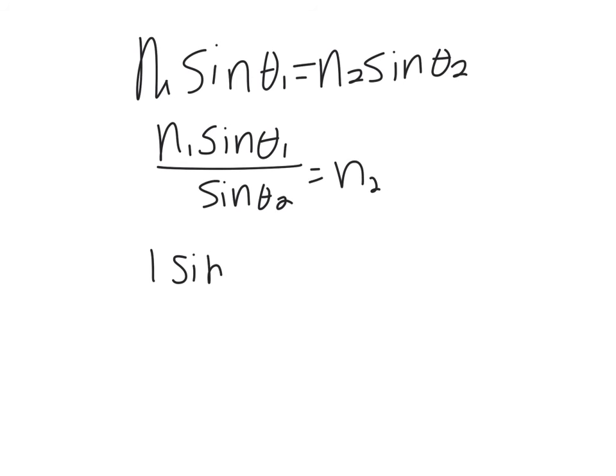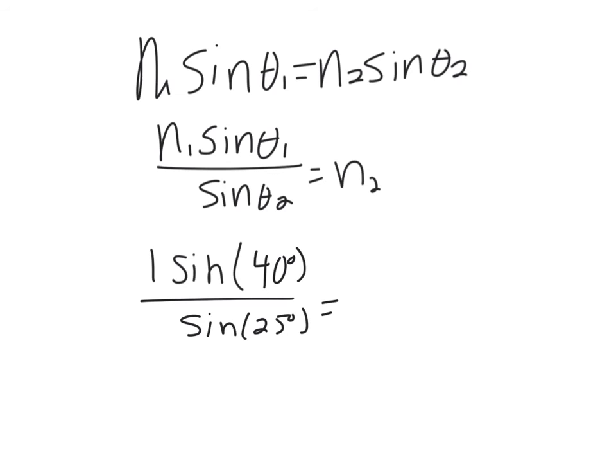So 1 sine 40 degrees over sine 25 degrees equals N2. So sine 40, and again, make sure your calculators are in degrees, over sine 25 gives us 1.52, keeps on going, for N.